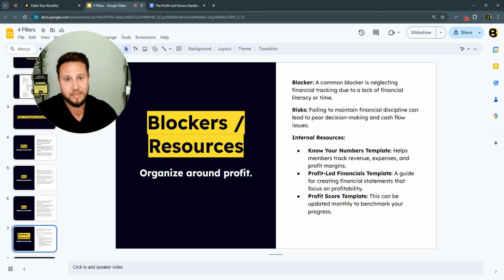Internally, with the resources that we have inside of the community and what we're constantly doubling down on in terms of optimizing and improving, we have the core templates in terms of the equity management system to be able to optimize or organize around profit. And that comes down to the know your numbers templates, right? We want you to know your numbers. We have the profit-led financial templates, which include the profit-led waterfall so that you can decide your allocations, right?